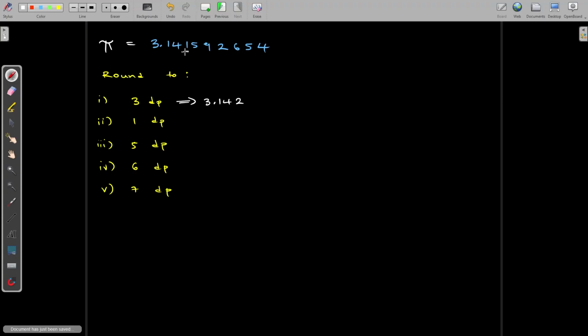So we look at what's in the third position, then we look at the number after it; if it is 5 or more, we increase that by 1. 1 decimal place: 3.1.